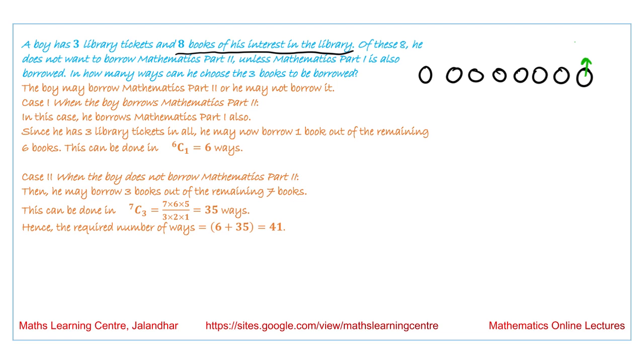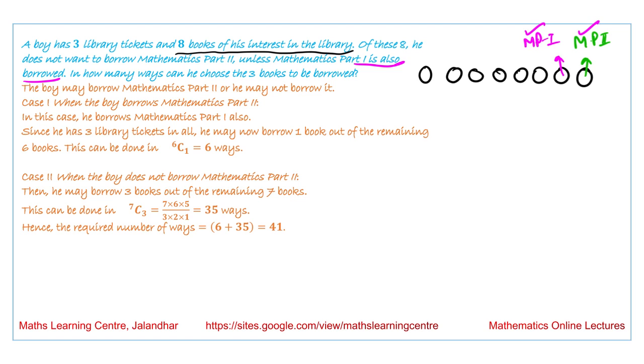One of these books is mathematics part 2, and he does not want to borrow that book unless mathematics part 1, which is another book, is also borrowed. He will borrow mathematics part 2 if he borrows mathematics part 1. In how many ways can he choose the 3 books to be borrowed?